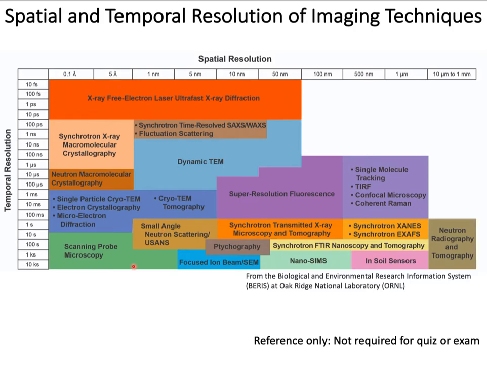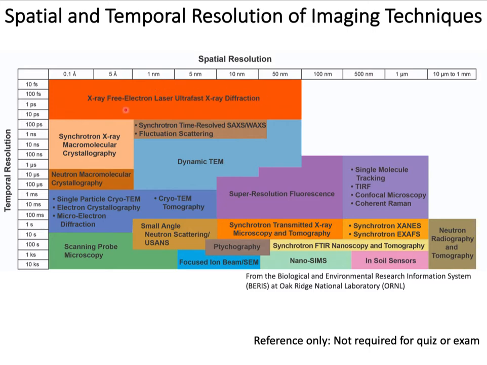So this figure gives you an overall very clear idea of the imaging techniques available for the biological samples from, say, a cell to the atomic resolution. The horizontal axis, the x-axis, is the spatial resolution.